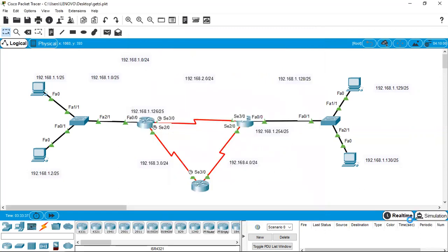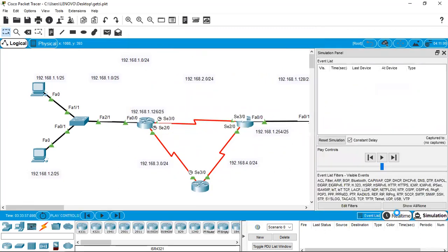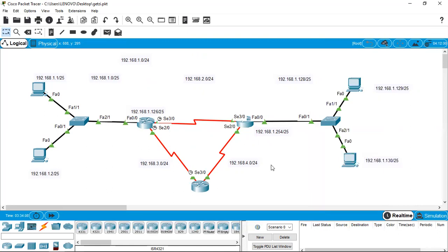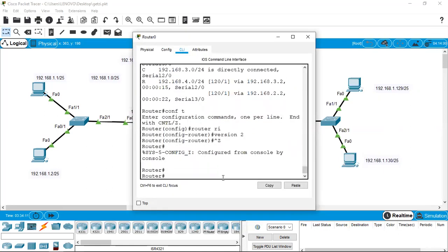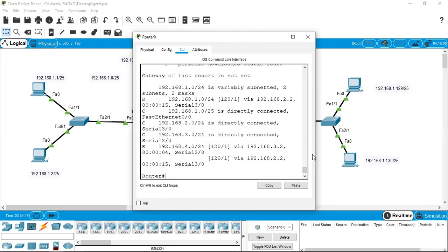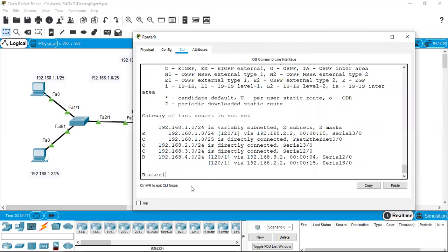Now let me allow this to converge, and I can check whether any improvement is made. Show ip route. Yes, now something is improved. 192.168.1.0/25 is directly connected, whereas 1.0/24 is subnetted and connected via something else.